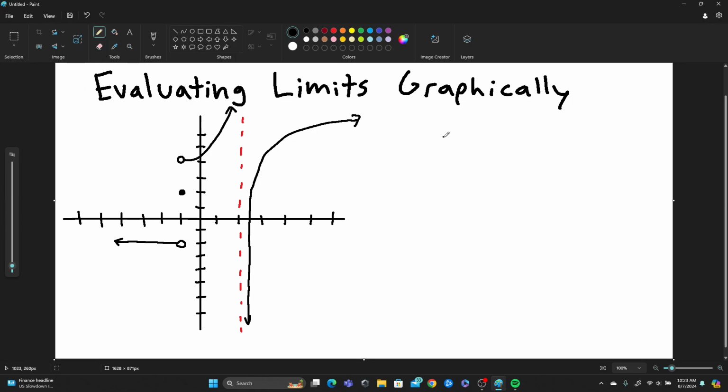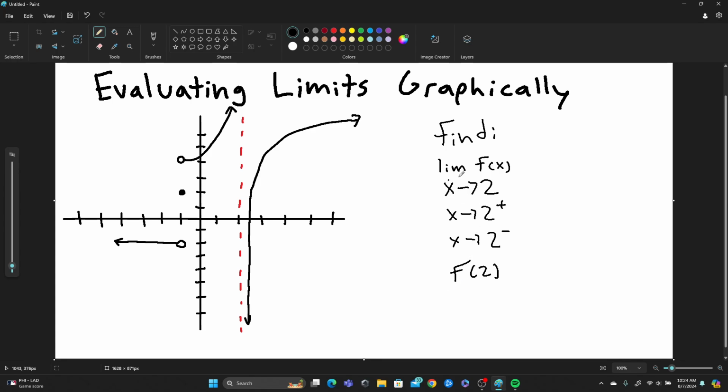So now we have to find the limit of f of x as x approaches 2, as x approaches 2 from the right, as x approaches 2 from the left, and we're also going to find f of 2.